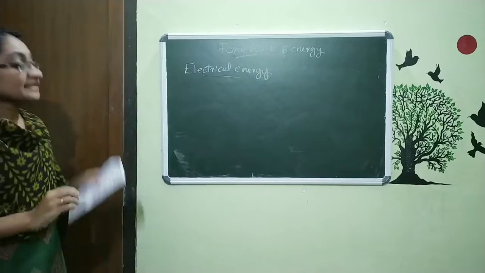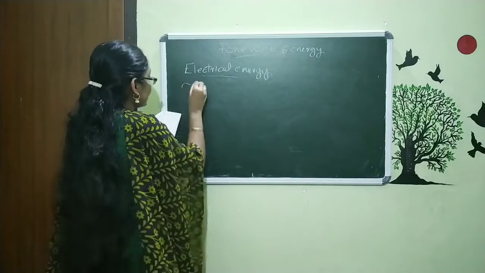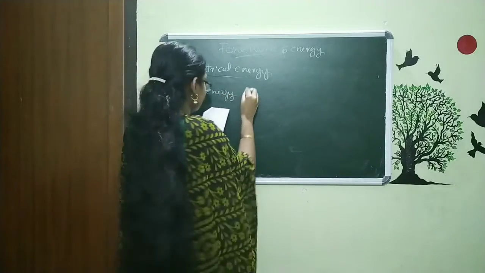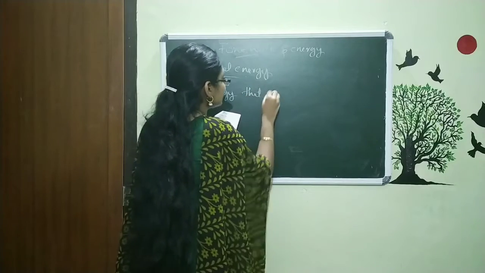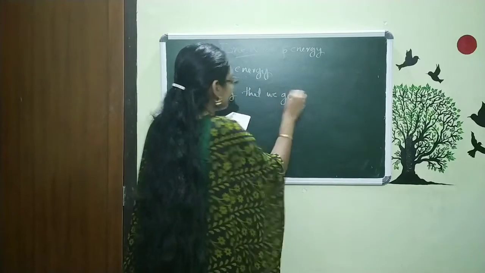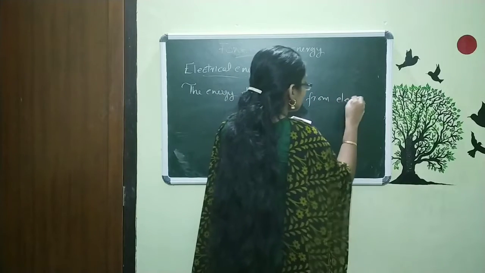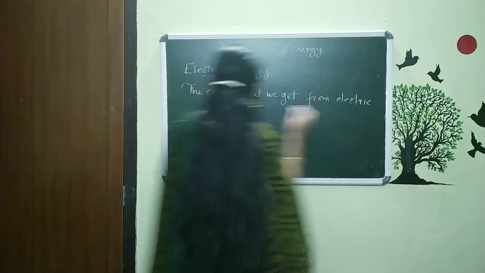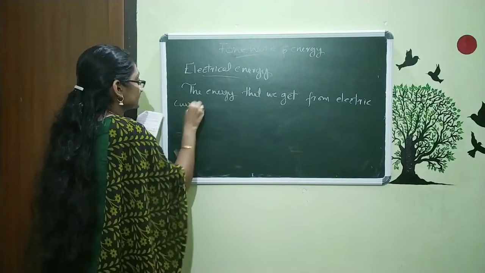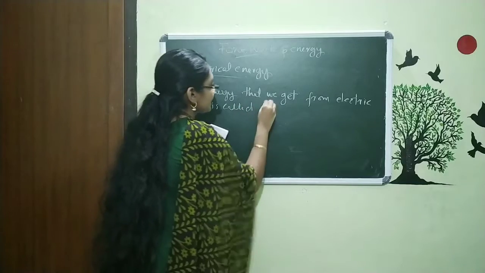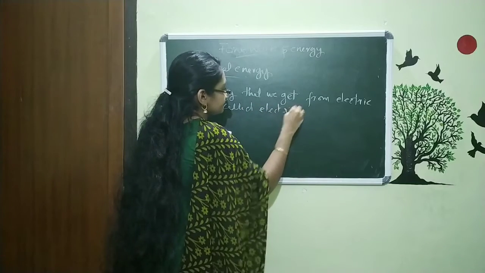The definition is this: the energy that we get from electric current is called electrical energy.